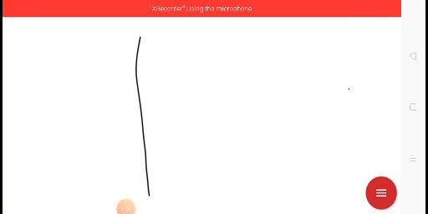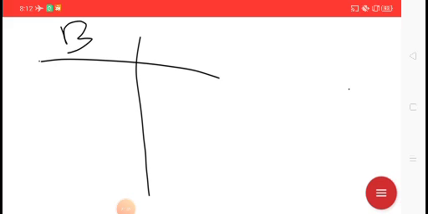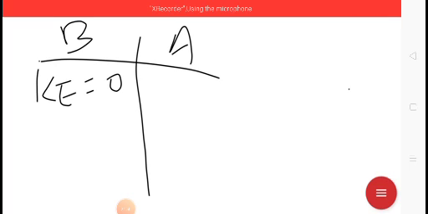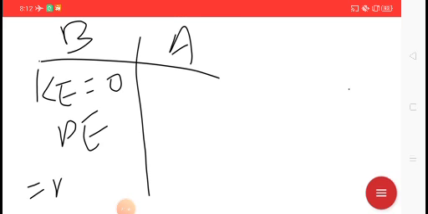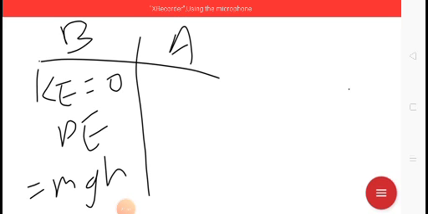Same thing, before and after. Before, the box slides from KE equal to 0 and PE equal to mgh. And the question never mentioned other work done that is involved, so you can leave it.